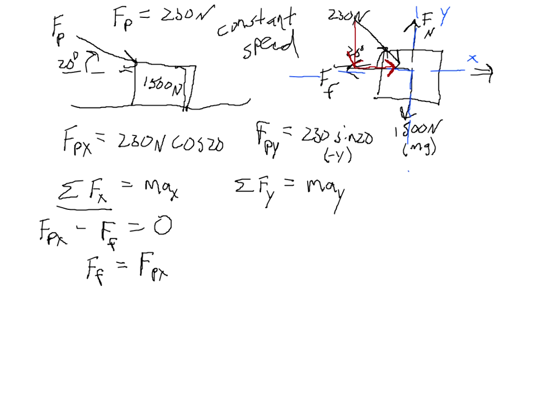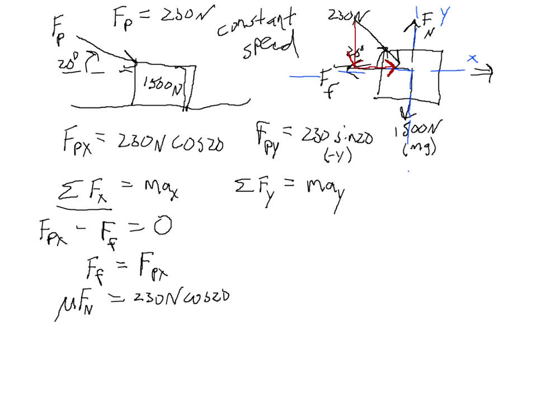The force of friction is always equal to the coefficient of friction times the normal force. FPX in this case is 230 newtons times the cosine of 20.